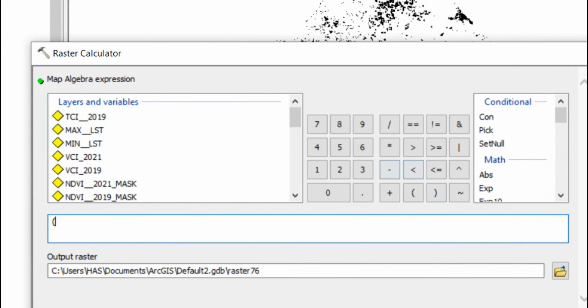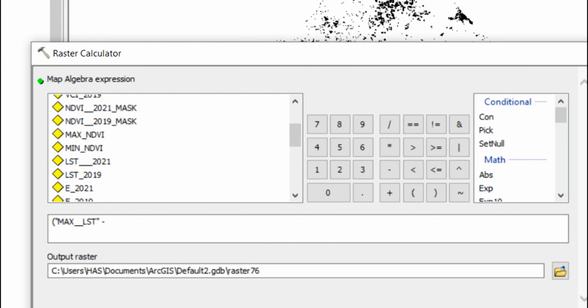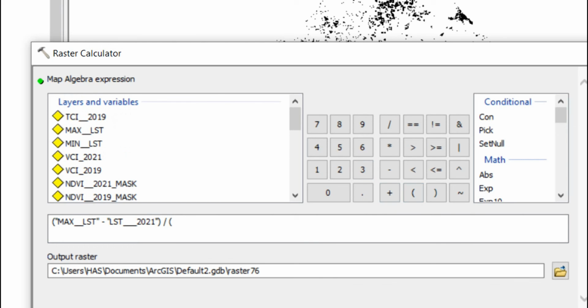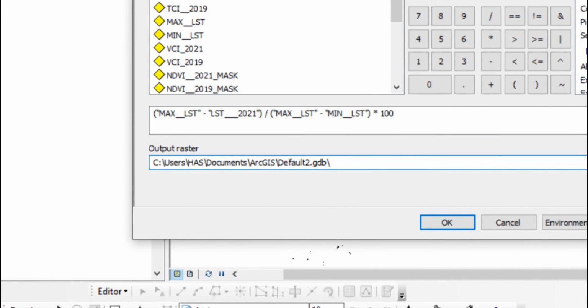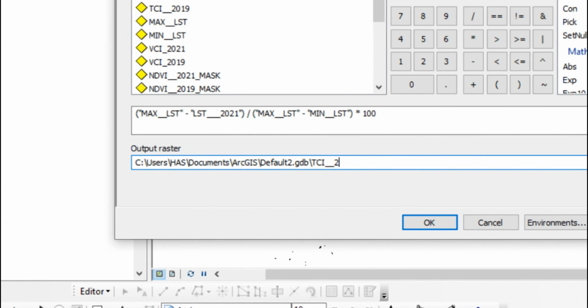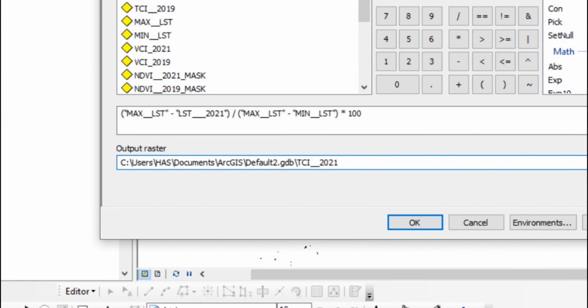We have a bracket LST max minus LST of 2021, divided by maximum of LST minus minimum of LST layer, okay, multiply by 100, TCI for 2021.